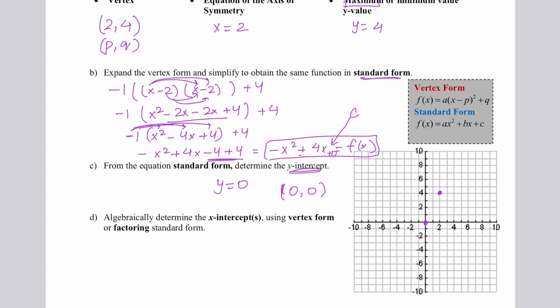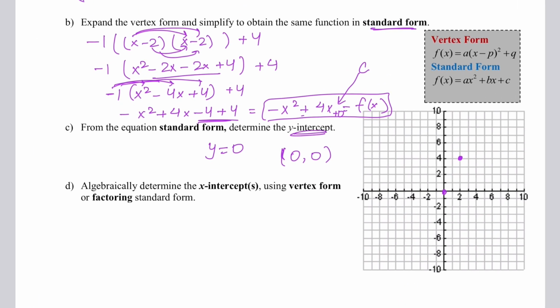Let's find out our x-intercepts. So x-intercept is when y is equal to 0. So 0 is equal to negative x squared plus 4x. Let's factor this out. Let's factor the negative x that we have over here. We're left with x minus 4. And that means either negative x can be 0 or x minus 4 can be 0.